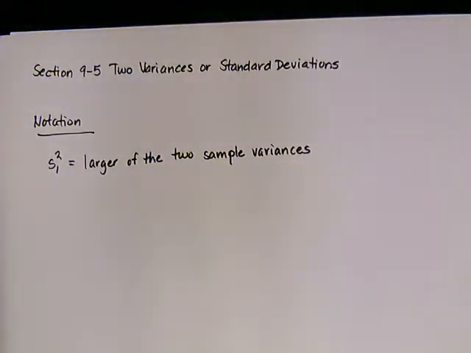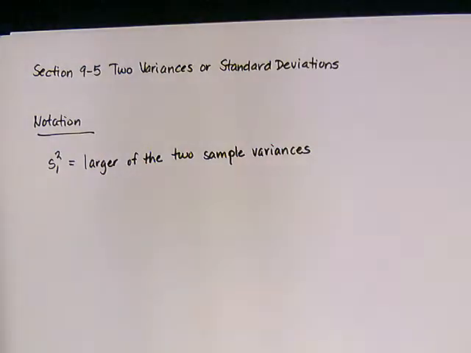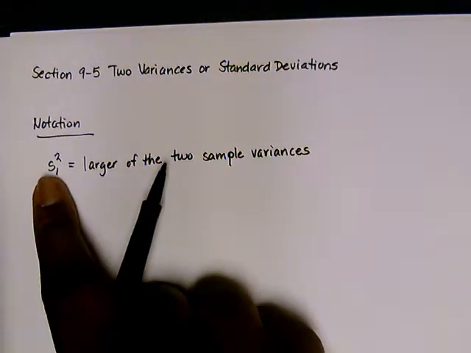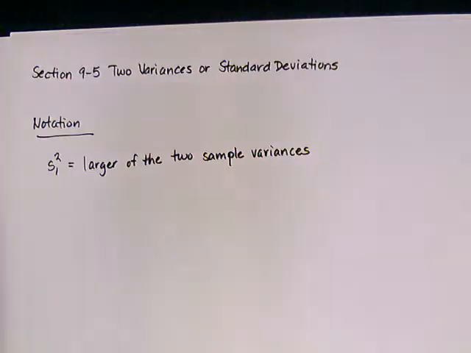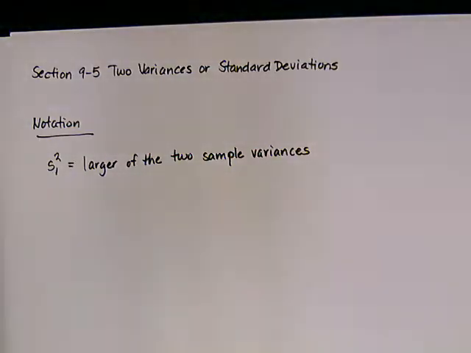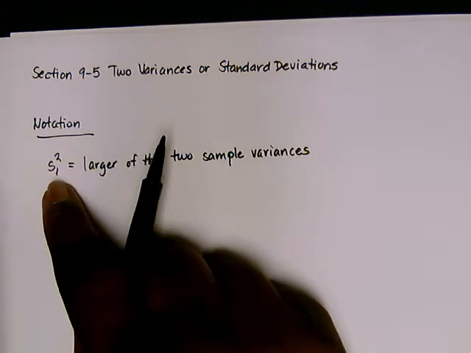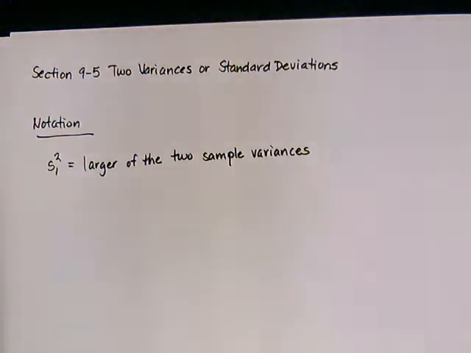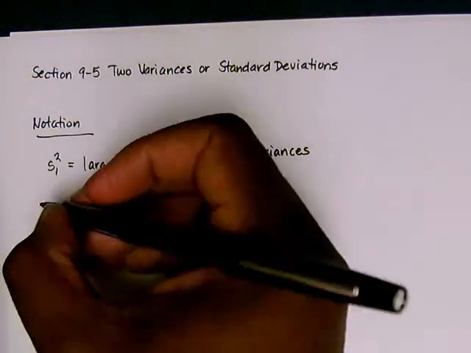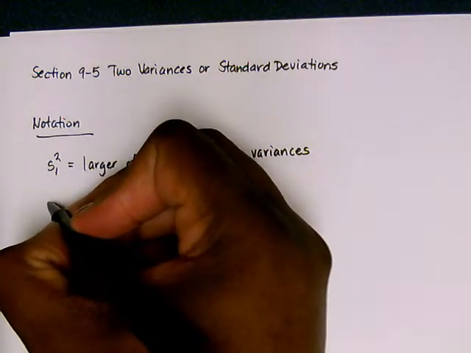But you'll pick the larger of the two standard deviations. That will represent the larger of your two variances here. So S1 squared will be the larger of your two sample variances. Now, again, sometimes the standard deviation might be given, so for the variance you'll have to take the standard deviation and square it. You'll see that in some of these examples that I'll do here.